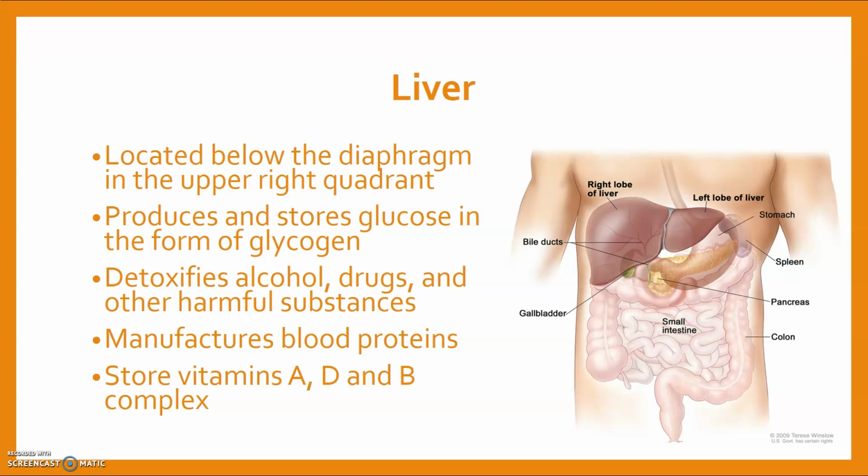The liver manufactures blood proteins, and it also stores vitamins A, D, and B complex. For these reasons, the liver is considered one of the vital organs that you must have in order to survive, along with your heart, brain, kidney, and lungs.